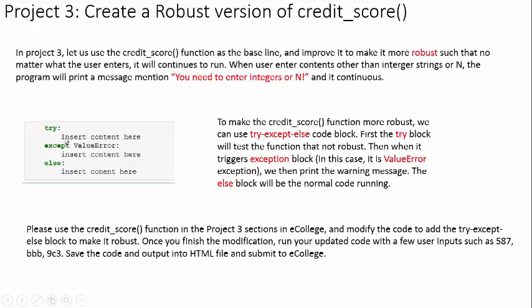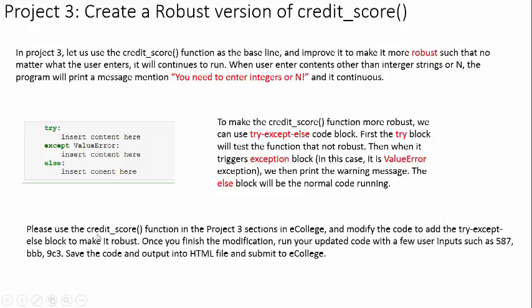We put that line of code in the try block, and the except ValueError block right here means if it triggers the value error, then we print the error message. The else block is basically for when it runs normally, it should be the rest.